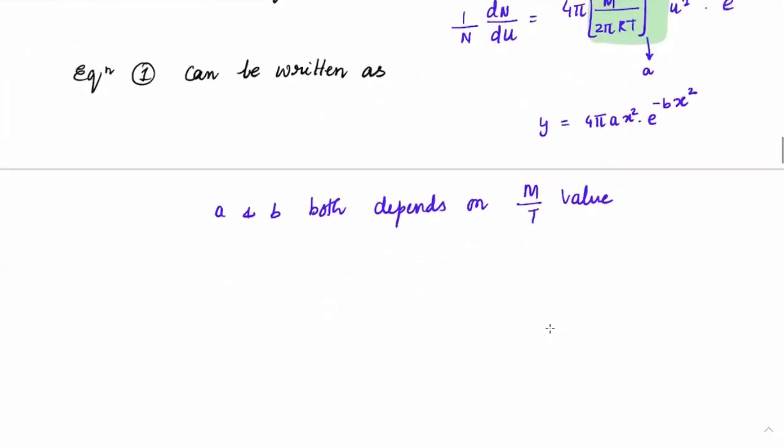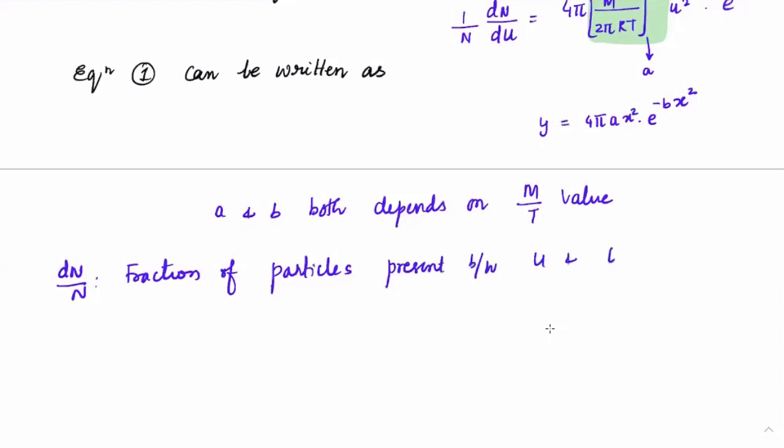So let me write down that: dn by n represents the fraction of particles present between u and u plus du speed.